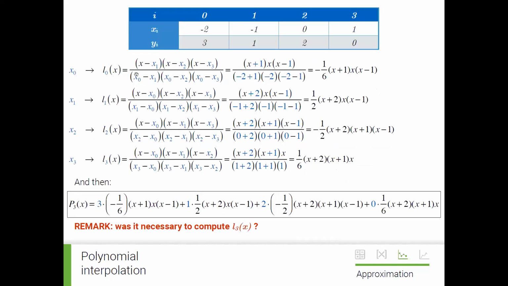It was 4 nodes, but if we add the 5th one, it will change. L0, L1, L2, L3, all of them will change because we need to add now x0 minus x4, and here also x minus x4. Is it clear? So it changes when we add new nodes.